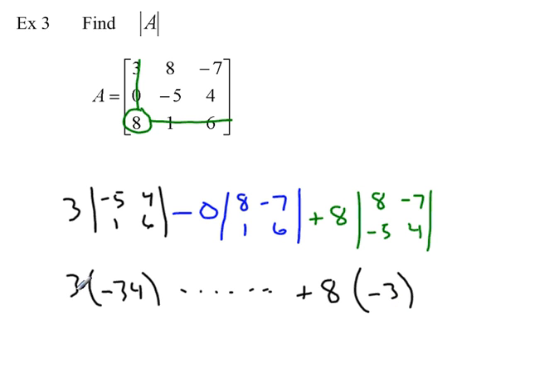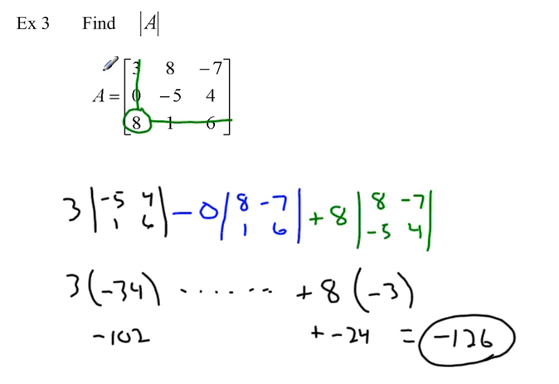So the value of this determinant, if we multiply here, 3 times -34, that gives me negative, what is that? -102, plus, this gives me -24. So this entire value, if I add this together, is -126. So the determinant of this original matrix is -126.